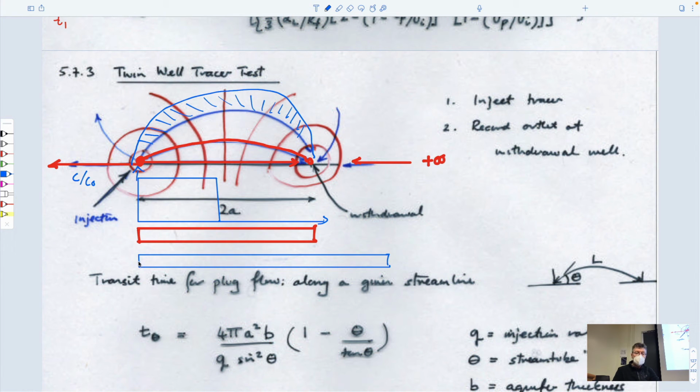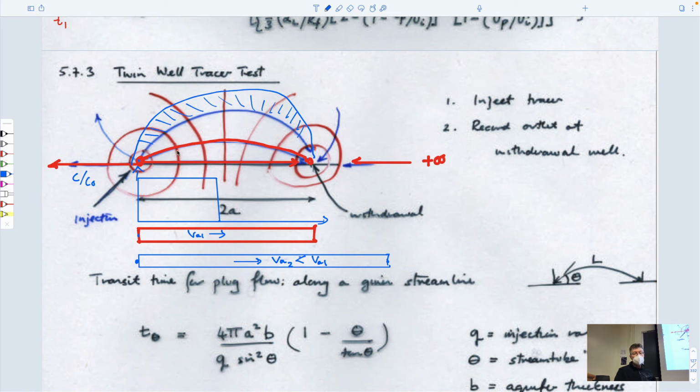And so not only is it longer, the pressure drop from here to here has to be the same in both of these, and so this advective velocity has to be slower. And so this plume has to be traveling at a slower velocity, and so it will arrive later.